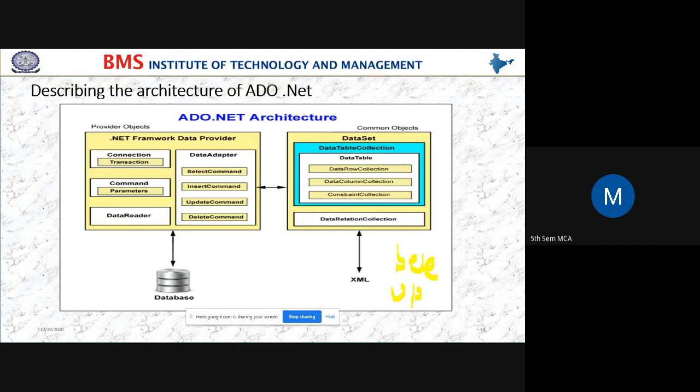But in ADO.NET, this data set is not bothered about where the data is retrieved from. Whatever work we are doing, that is, whatever queries we want to execute, for that particular query, it will give the output.